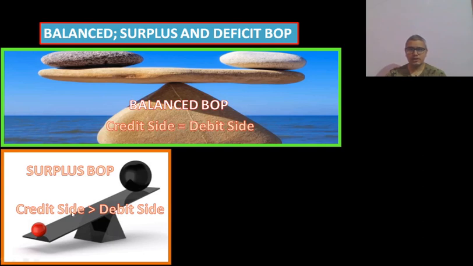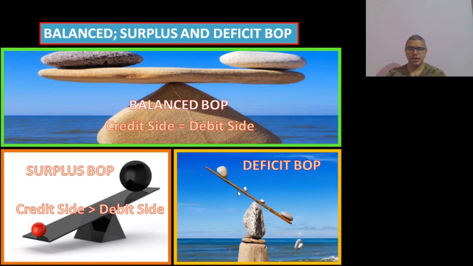First, credit side may be greater than debit side, and whenever this situation occurs, we call it surplus balance of payment. In a similar way, deficit balance of payment takes place whenever the debit side of balance of payment is greater than the credit side.